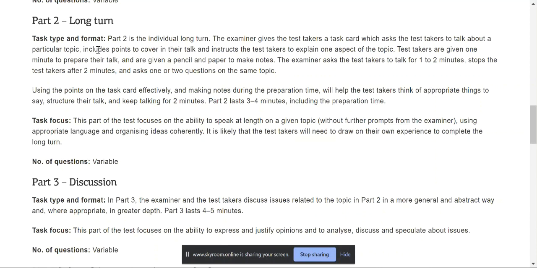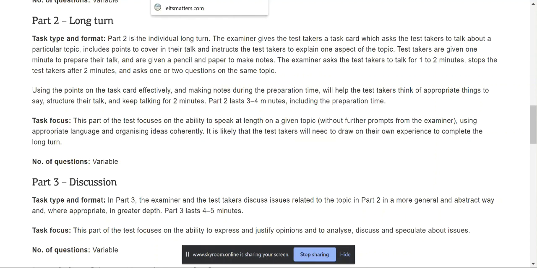Most of the time it is about the past. They will not ask you about something in the future. Let's say 96, 97% of the time, they will ask about the past. So be aware of the verb forms, what the verb forms are for the past.